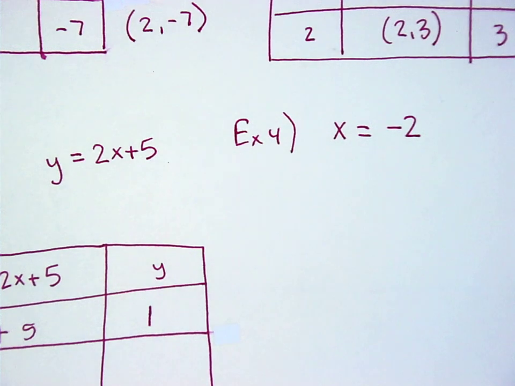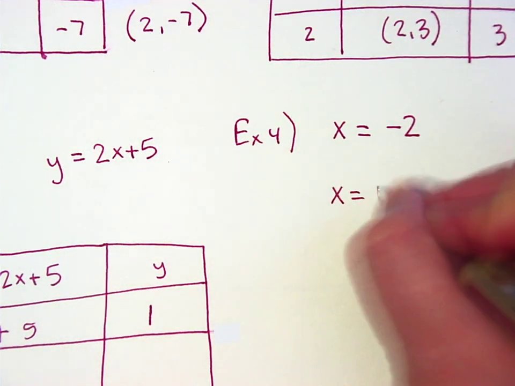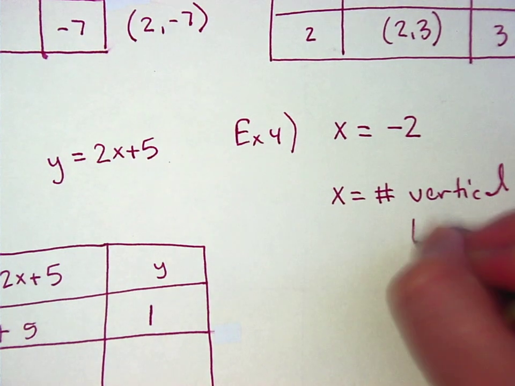Hands up. Would it look like a vertical line? Exactly. If it is x equals a number, that is a vertical line.